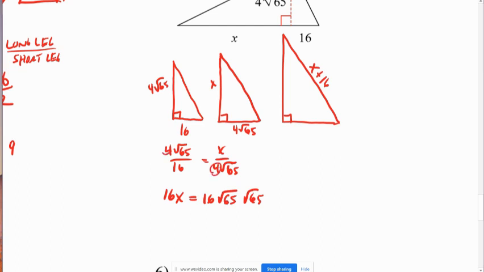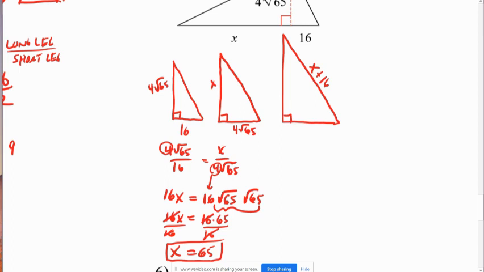So I did 4 times 4 is 16, and root 65 times root 65 is just going to end up being 65. Root 65 times root 65 is just 65. And so then we have 16x equals 16 times 65. So if you divide both sides by 16, those are gone. And then you just get x equals 65 as your answer.